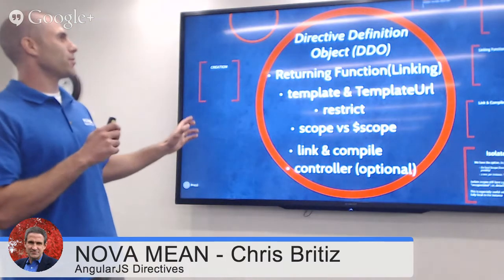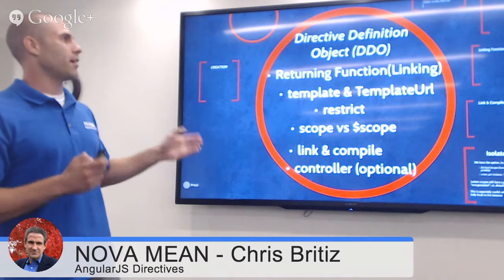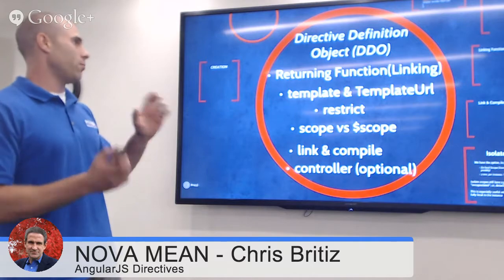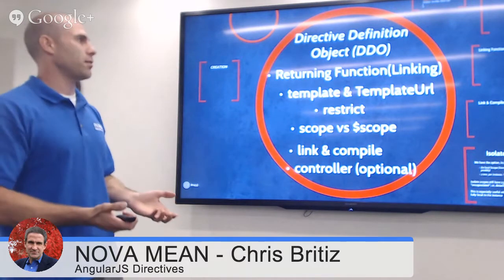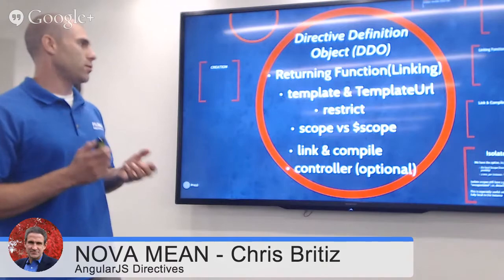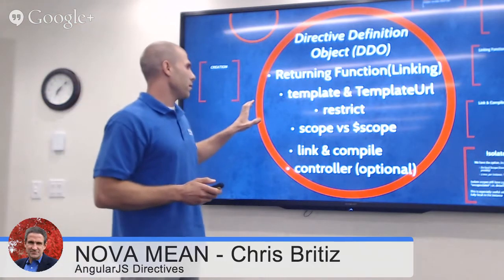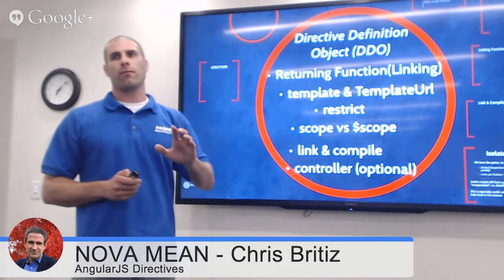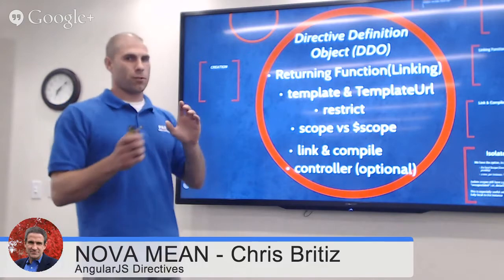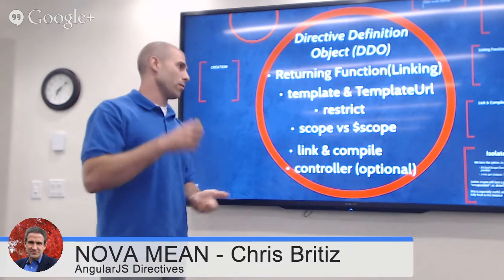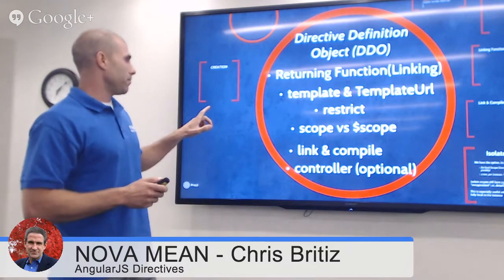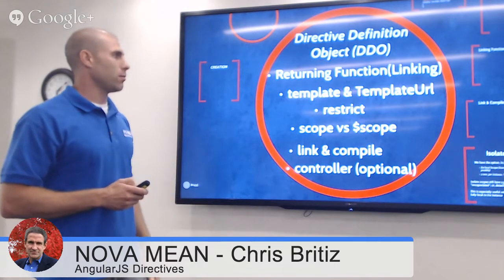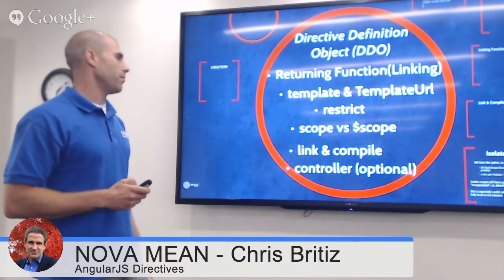It's just their way of saying: here is how my directive is defined, and here's how I want it to act, and it's all encapsulated in this one object, and do whatever you want with it. Those who have actually used directives know it's just the returning object, nothing more, and we'll see an example shortly. In it are the return function, which is the linking function, the template, and template URLs. We'll go over all these.